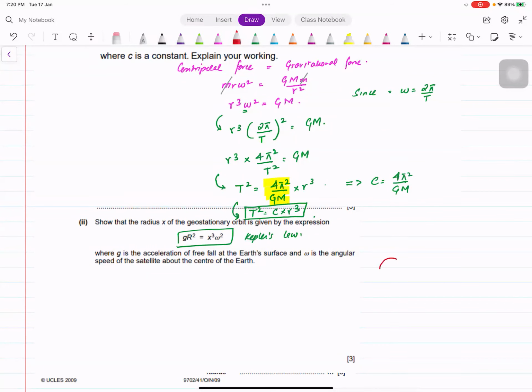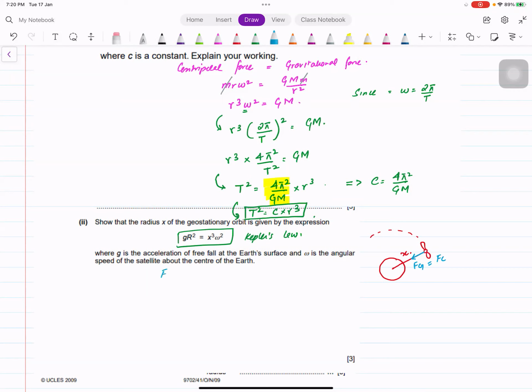If this is the Earth and that's the satellite that we're looking at, obviously this distance is, they say, x, and it's going in circular motion, which means that the force of gravity is providing the centripetal force so that it can move in a circular orbit, right?